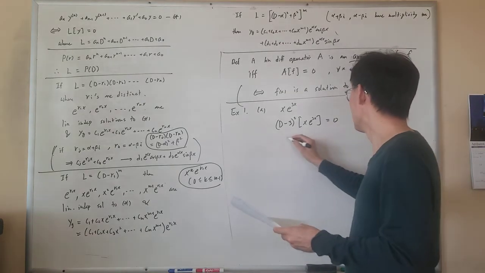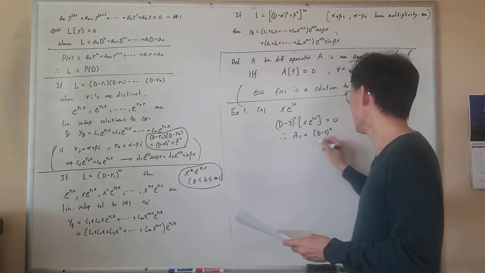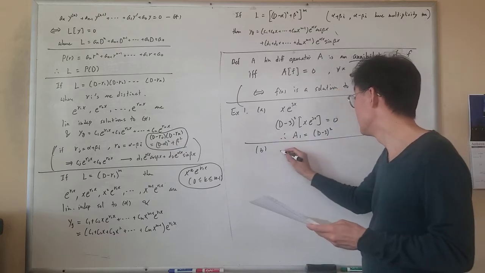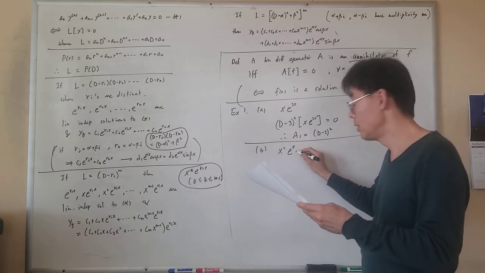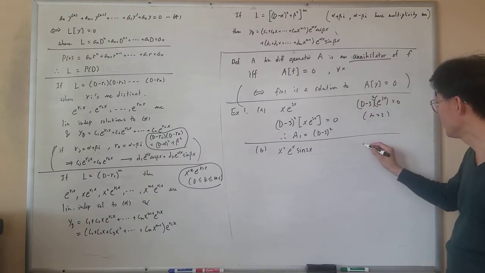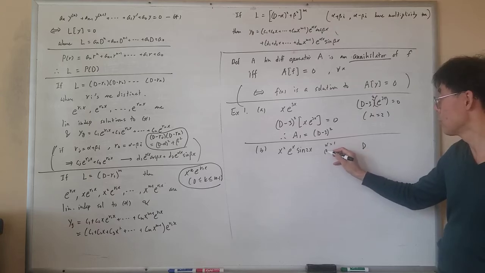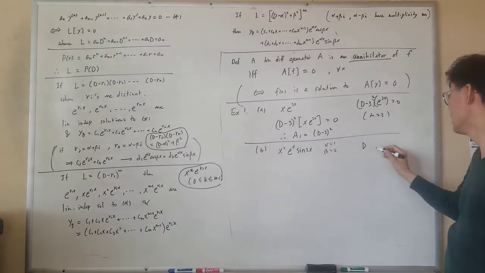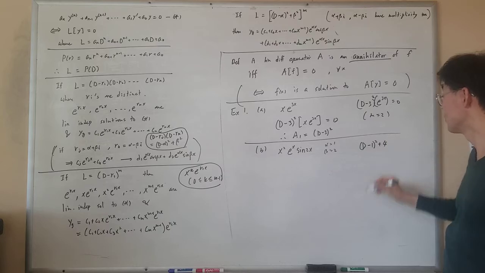Okay? So our annihilator, I'm going to call A1, is D minus 3 squared. What about x squared e to the x sine of 2x? Well, we know that this is alpha equals 1, beta equals 2. So look at that. Imagine a simple case: D minus 1 squared plus 2 squared.